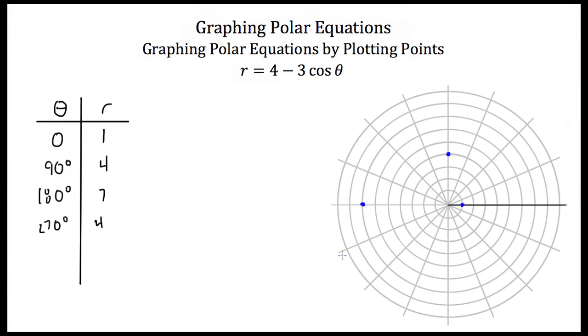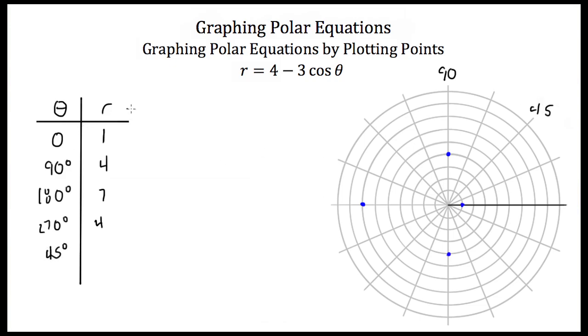And 270 and 4 looks like that. Well, I still can't tell what this really looks like, so I'm going to need a couple more theta values. If this is 90, then this is 45, so I'll try 45 degrees.